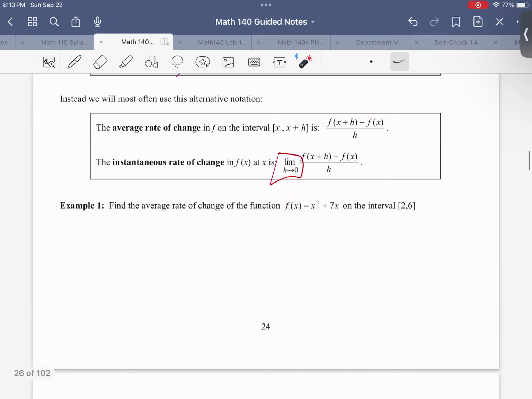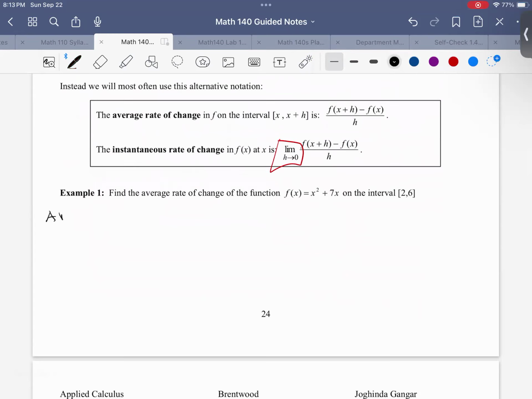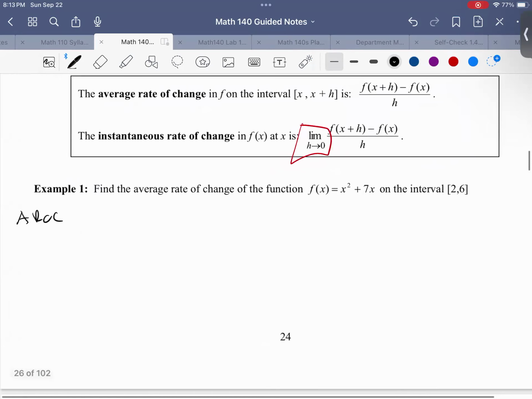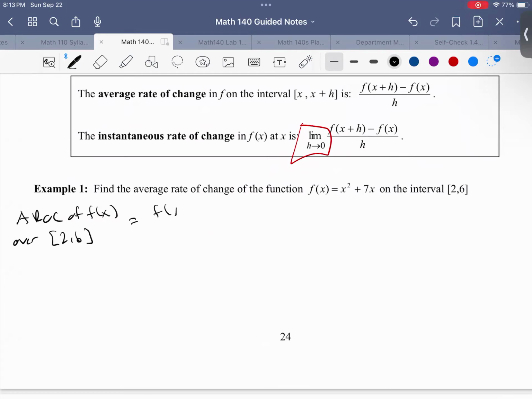So what you would do here, average rate of change of f of x over the interval from 2 to 6, right? And so remember our average rate of change formula is just f of x2 minus f of x1 over x2 minus x1.